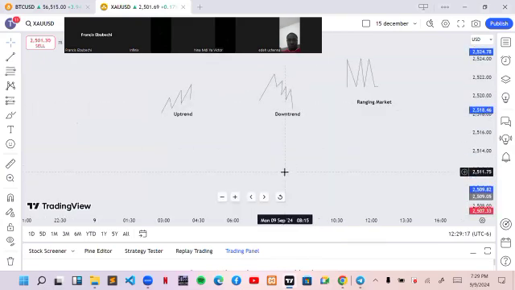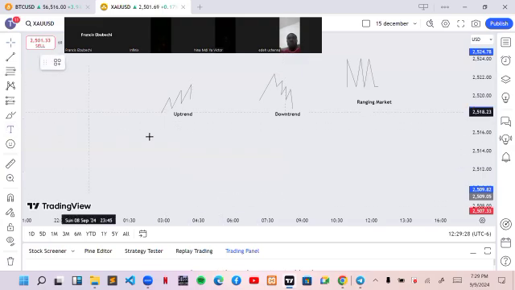That being said, what I pay attention to when trading market structure is the break of structure and the market structure shift. Now, what's the market structure shift?